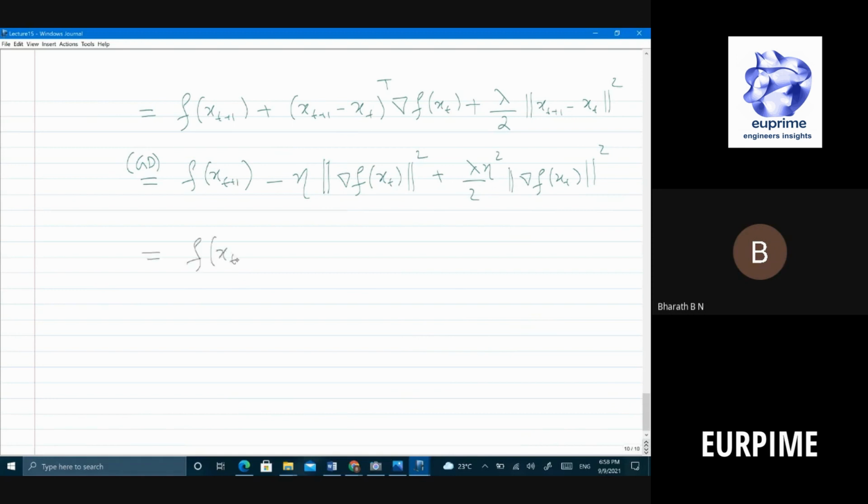So you have xt plus 1 minus, of course, eta will come out. 1 minus lambda eta by 2 times the gradient of f of xt squared, right? Is that fine? Okay.